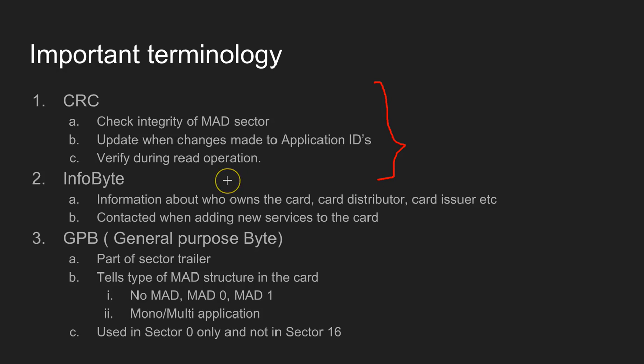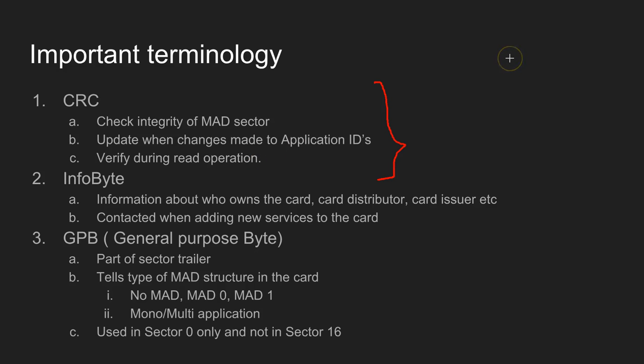This is a way to check the integrity of the data. In this case, the CRC is used to check the integrity of the MAD sector. It's like a checksum, and the CRC must be updated whenever the MAD sector is modified, and before accepting the MAD formatted card, the CRC has to be verified as well.